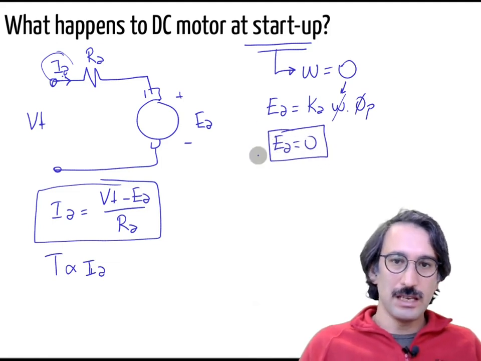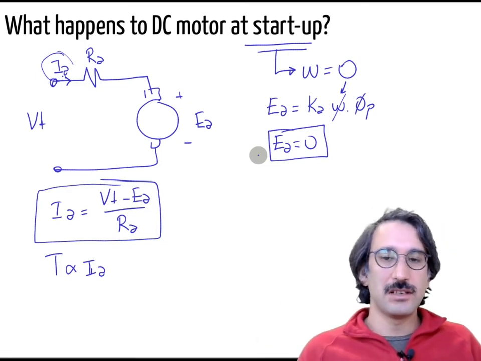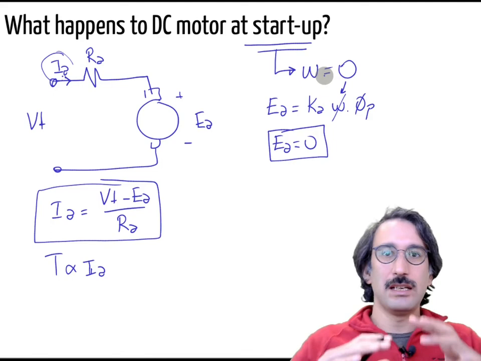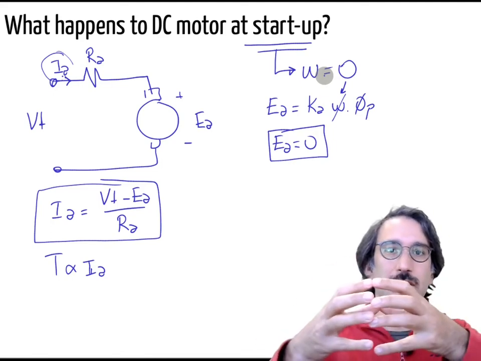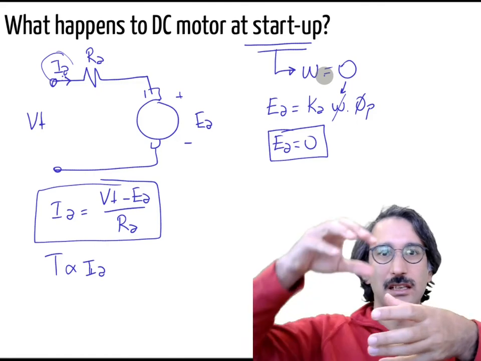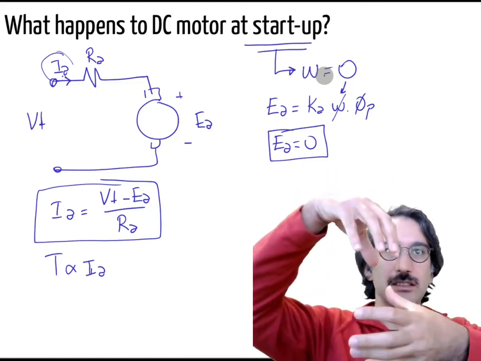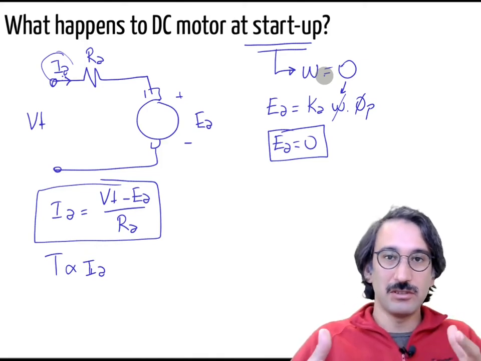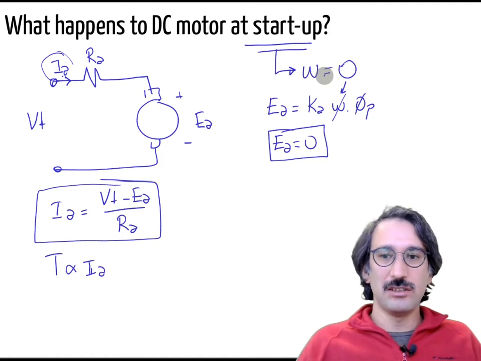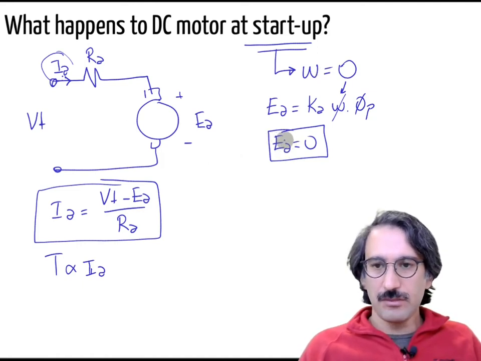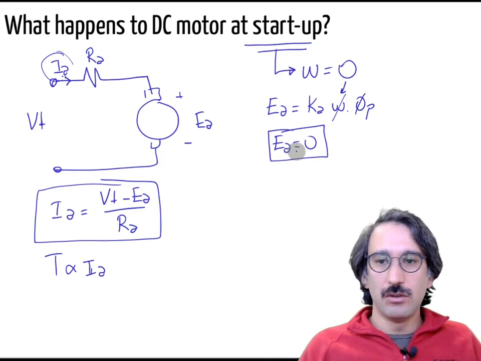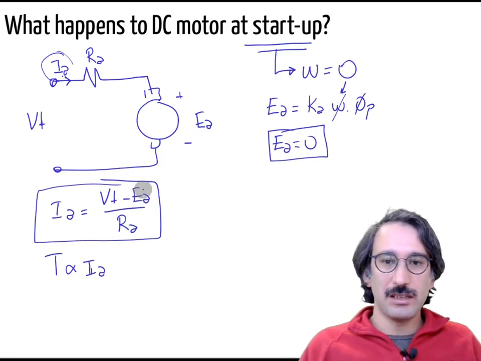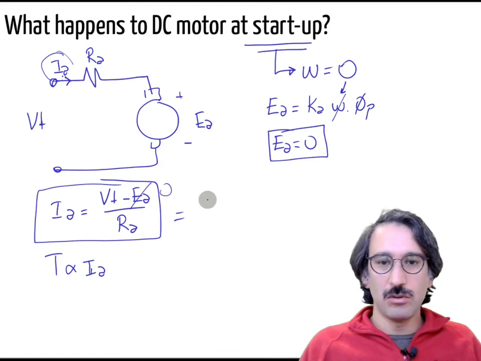As you just start the machine, the speed is 0, and in the armature you have the coils, and if they are not rotating, you have the field flux, but the voltage is induced due to change of the flux, and if there is no rotation, there will be no change in the flux. Because of that you have no back EMF voltage, and so IA will be equal to VT divided by RA.